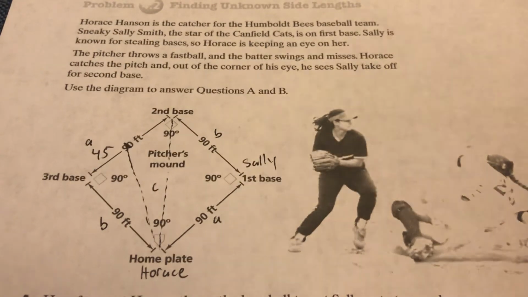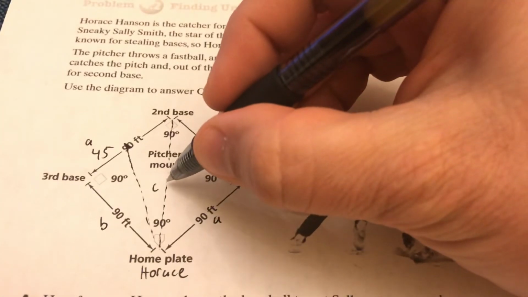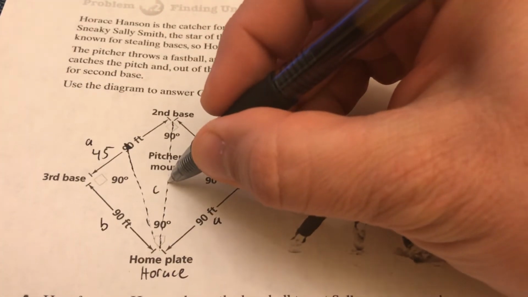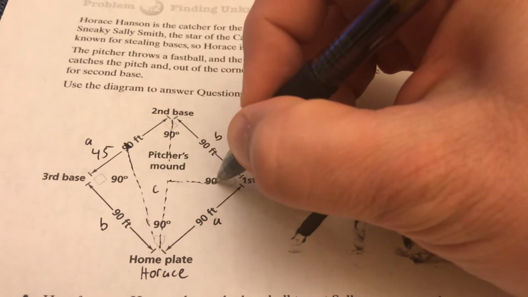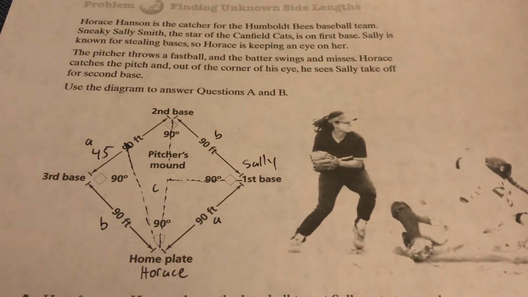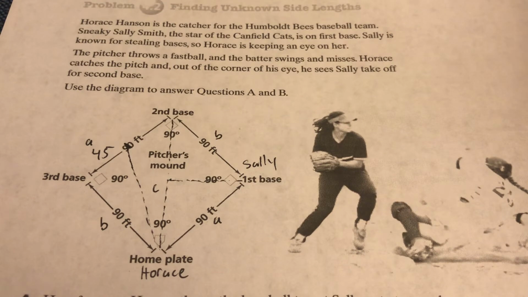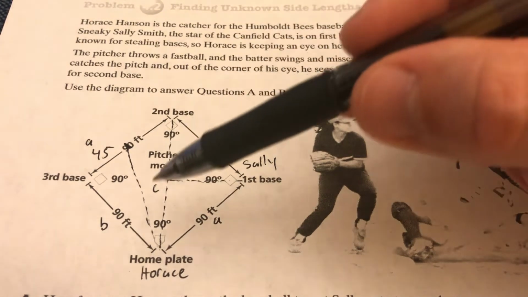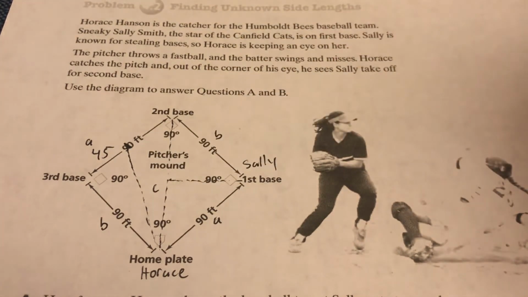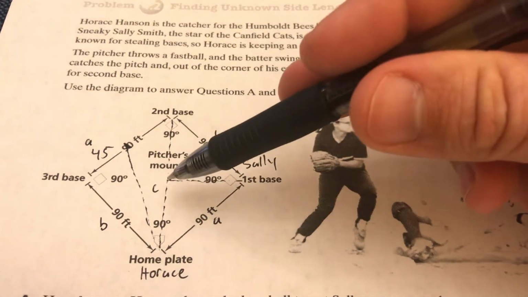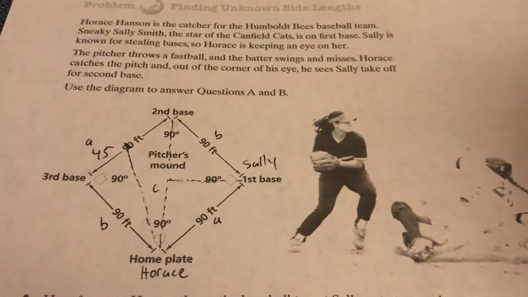So we're going to try to find the distance he is from each base. Now I'll tell you that a baseball diamond makes a square. So if we find the distance to one base, it might be safe to assume, actually I tell you what, scratch that, because we have 4 different right triangles, and so I don't know if we can assume that he's the same distance from each.